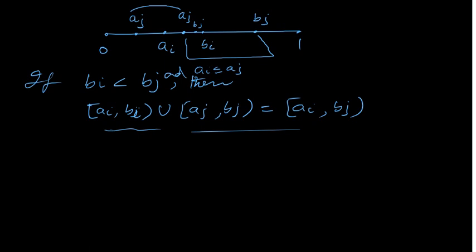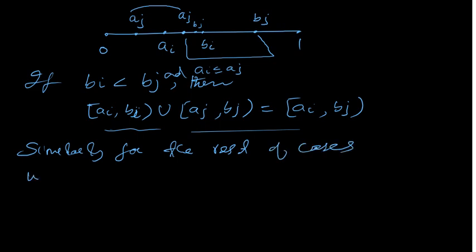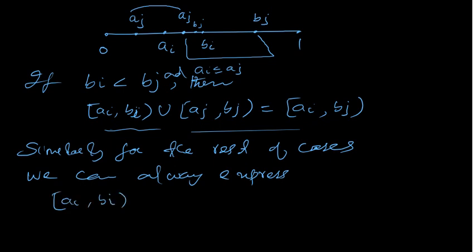Similarly for the rest of cases, we can see that we can always express this union AJ BJ in the form AB. ओके, हम इसको हमेशा इस फॉर्म में एक्सप्रेस कर सकते हैं.